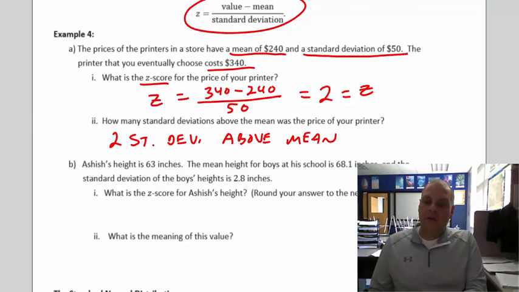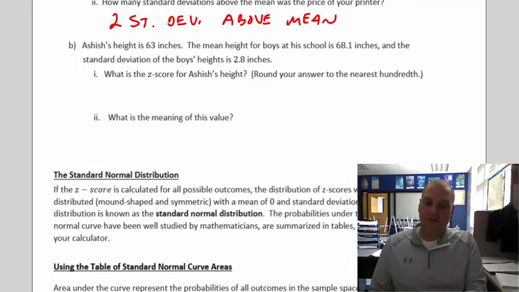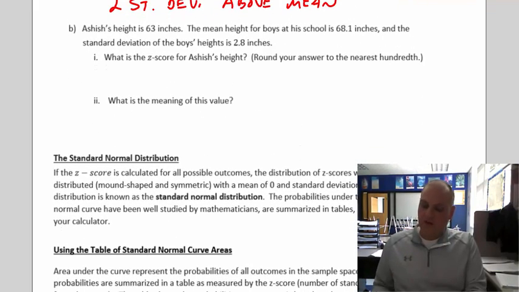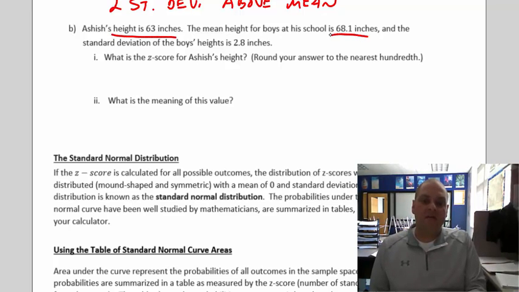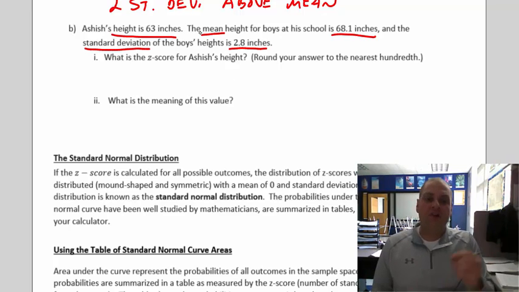Okay? So now, last example here for our video, because our last few examples are going to be together in class. So Ashish's height is 63 inches. The mean is 68.1, and the standard deviation is 2.8 of boys' heights.